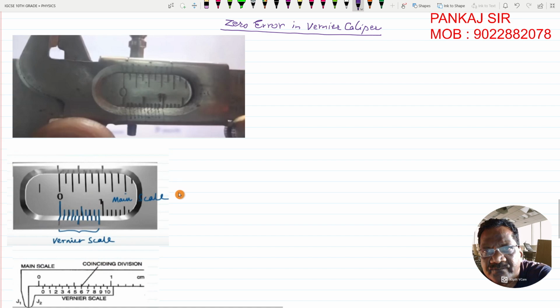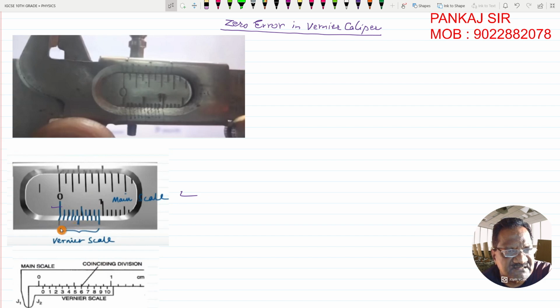have a look at this particular diagram. Here you can see that the zero of the main scale, that is this, and the zero of the Vernier scale, that is this, are both exactly coinciding with each other. This is happening when both the external jaws are exactly touching each other.